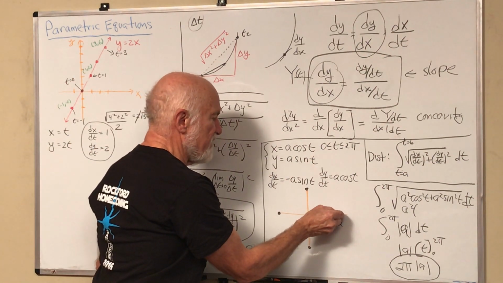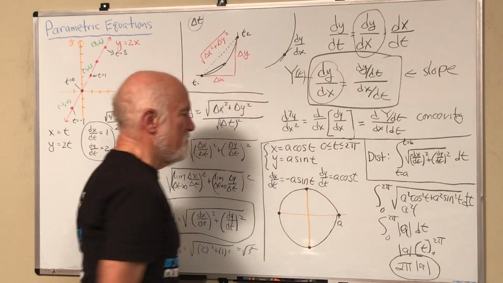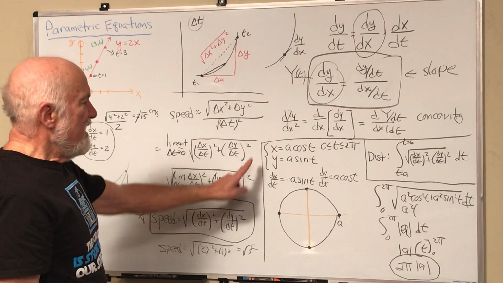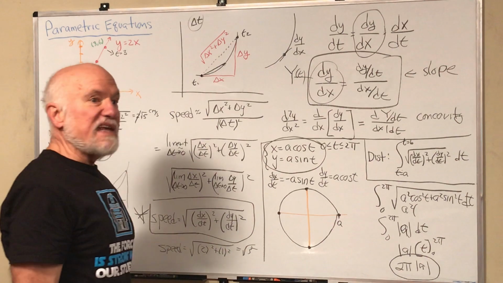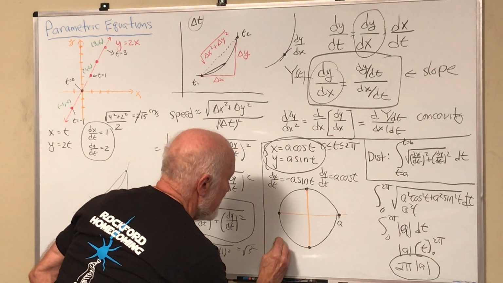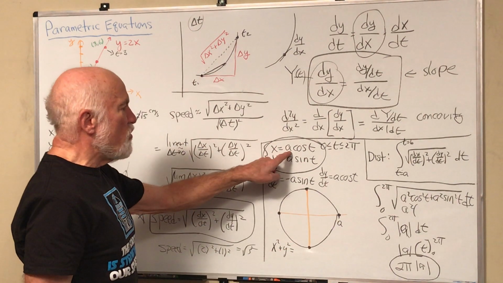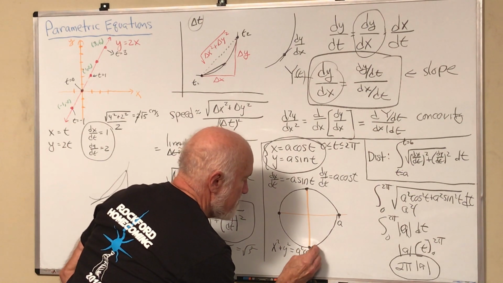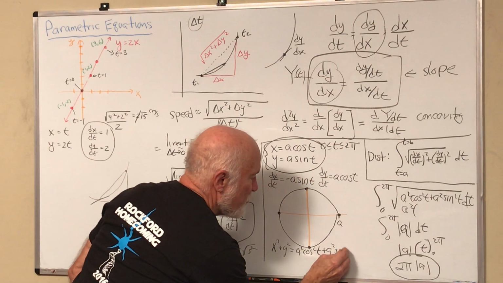It looks a little bit like a circle. But could it possibly be a circle? Well, can we change parametric into rectangular? What could I do? I could go x squared plus y squared would be a squared cosine squared plus a squared sine squared of t.